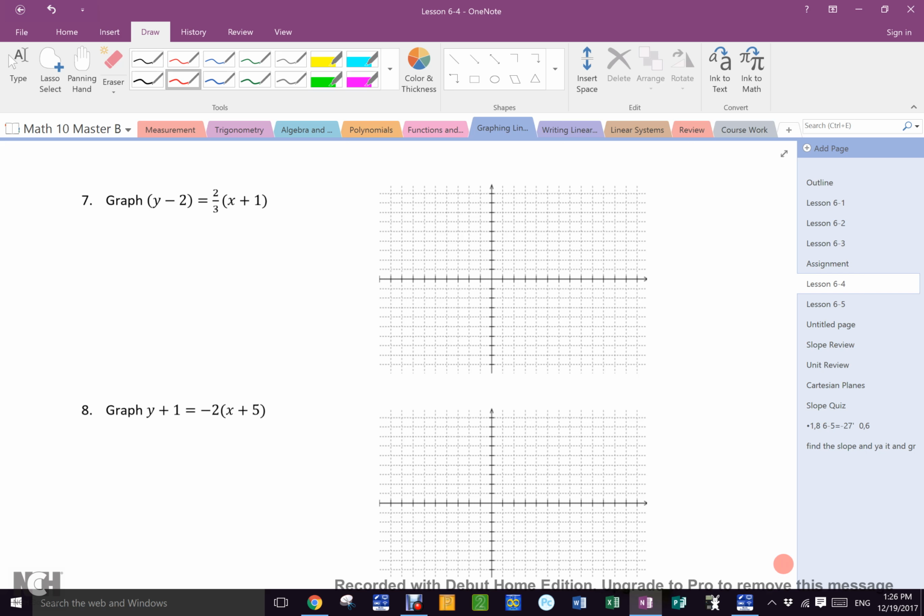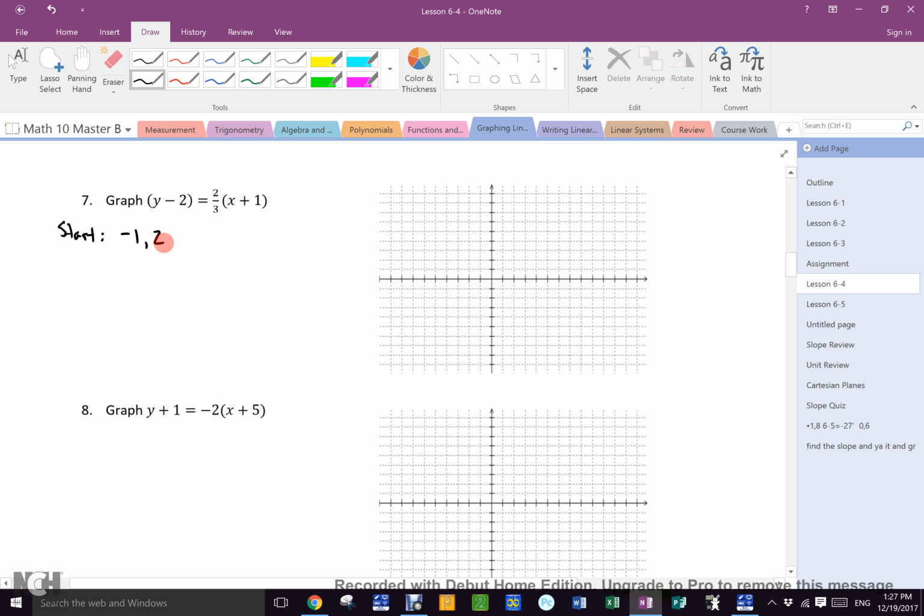Okay, so listen to me closely. All I need to do is what I already know how to do. But instead of starting at the y-intercept, I'm starting at another point, right? So, where am I starting at? -1 and +2.